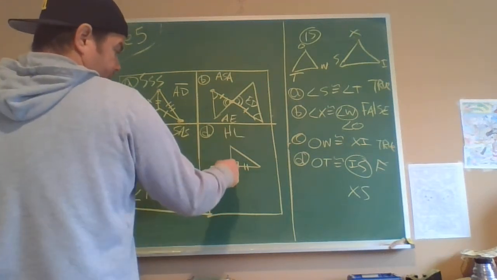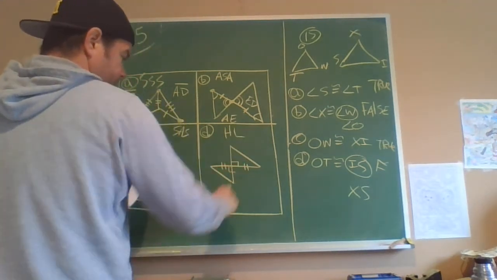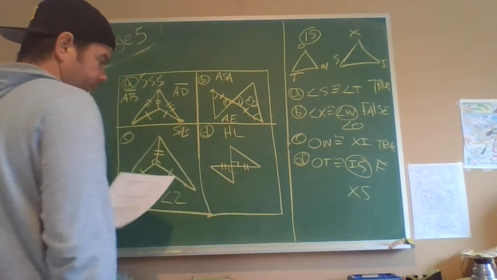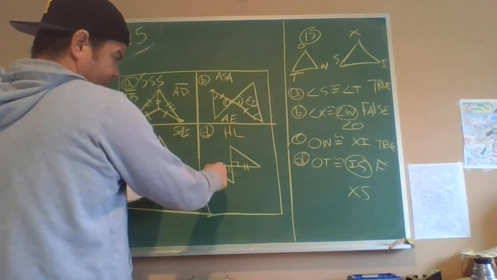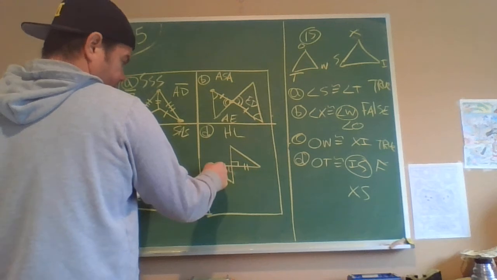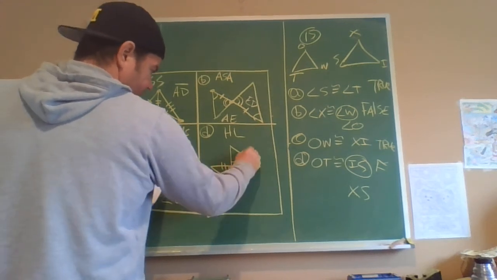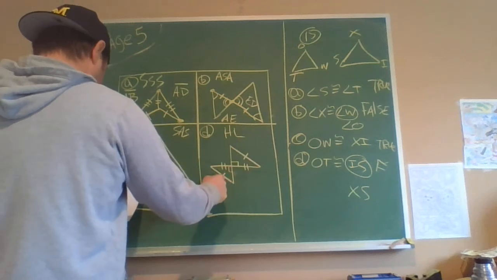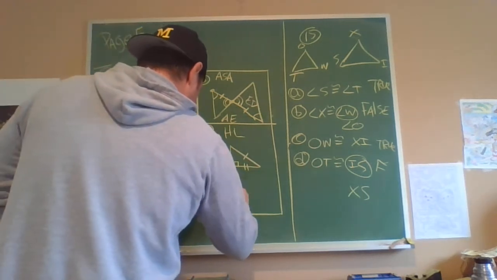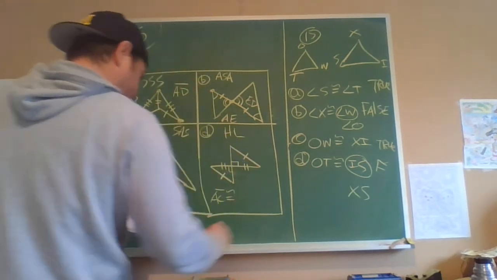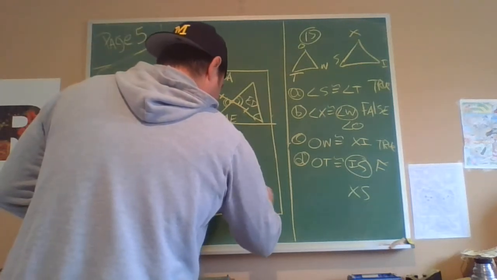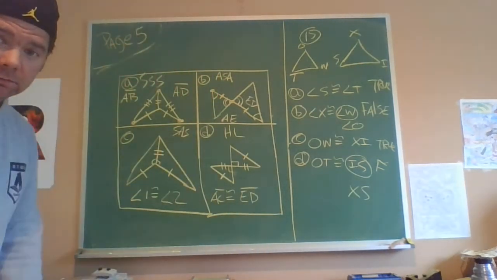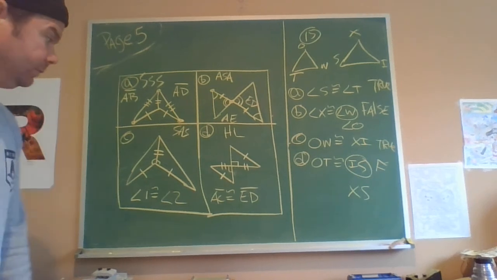We can only use this if we have right triangles, which we do. Both of these are right triangles. We've got a pair of legs. This leg is congruent to this leg, so we need the hypotenuses also to be congruent. We need this to be congruent to this, which means AC must be congruent to ED. And then you've got 2 congruent triangles by the hypotenuse leg theorem.